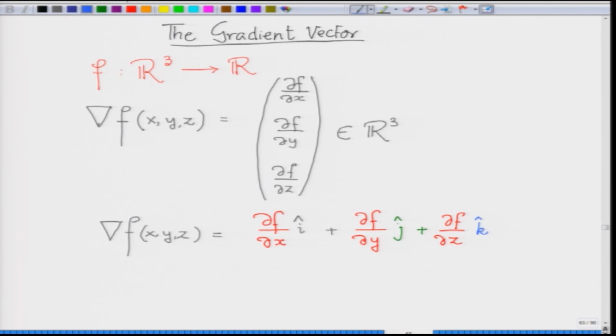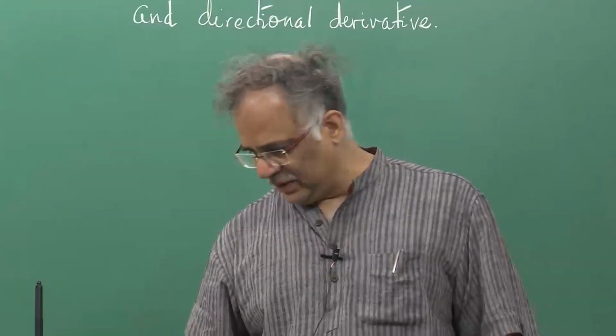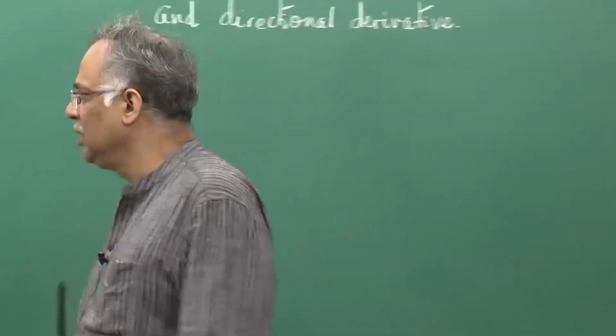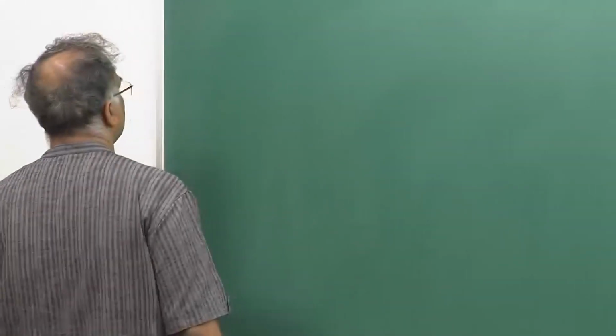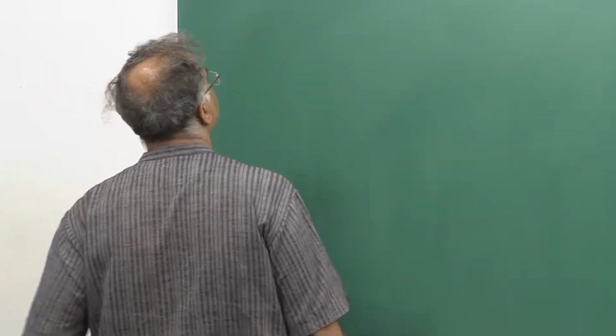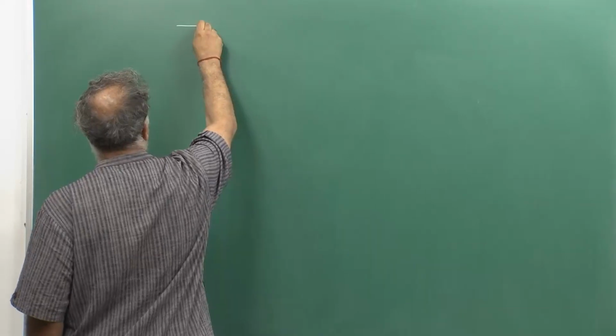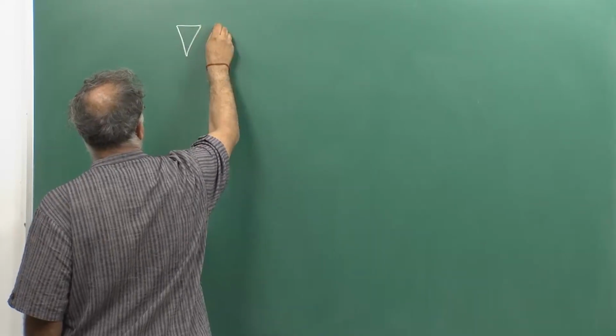So, why are we interested in talking about the gradient vector? The first thing to note about the gradient vector is the following. In fact, it does not matter which space you are in, R3 or R2 or Rn, it does not really matter, but what does grad f do?